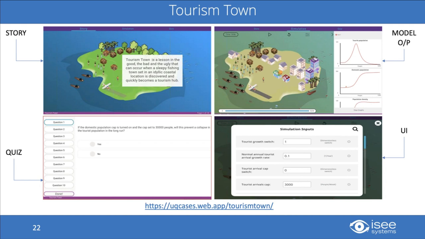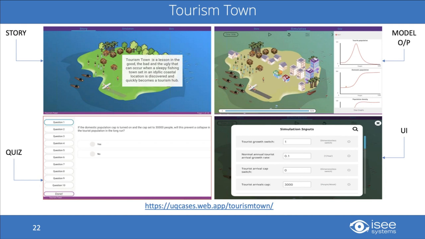There was a fair amount of freedom on how we went about this. I was very interested in providing an isometric, SimCity-style approach to tourism town. So when you run the model, the icons appear or disappear and the color changes to provide some indication of what the situation is. You can also view output graphs, and there are a lot of output graphs for tourism town. The bottom right is an indicator of the user interface in terms of inputting data.